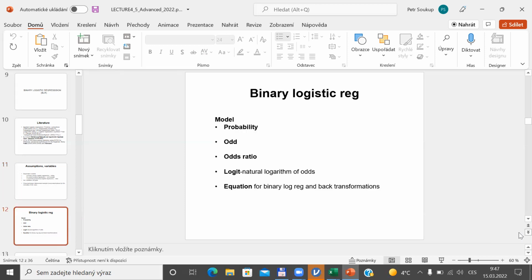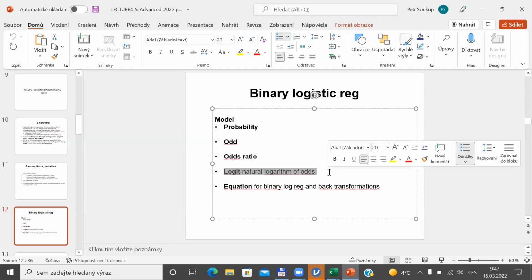As we know from the previous description, we take logits for a dependent variable. So we take technically a so-called natural logarithm, which is a logarithm with base Euler's number, approximately 2.71. This logit is the dependent variable for us, and the independents then follow the logic of linear regression.